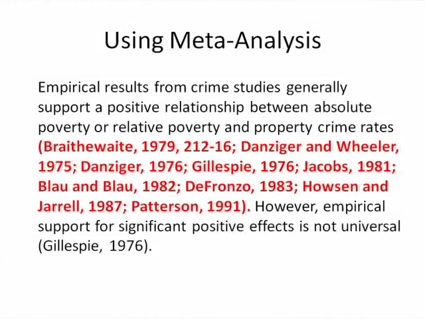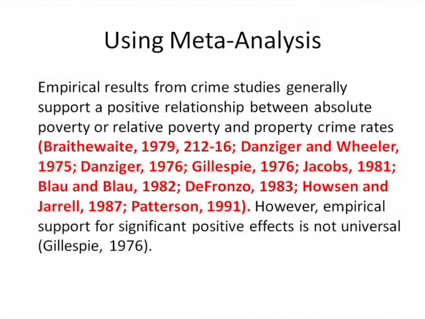Here's the statement. Empirical results from crime studies generally support a positive relationship between absolute poverty or relative poverty and property crime rates. Now, what this author has done in this article is that all of the sources cited here have empirical studies.